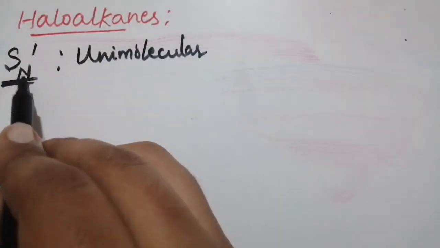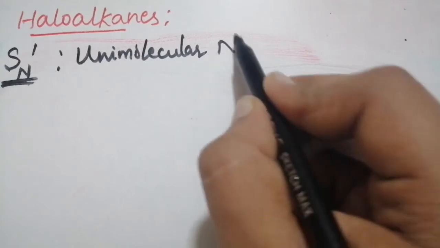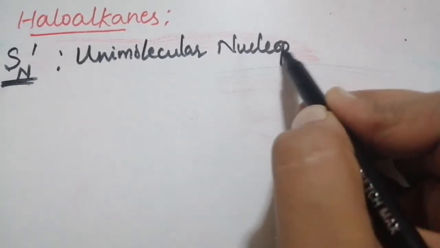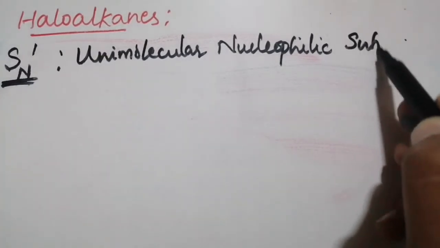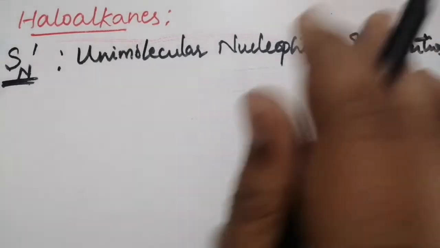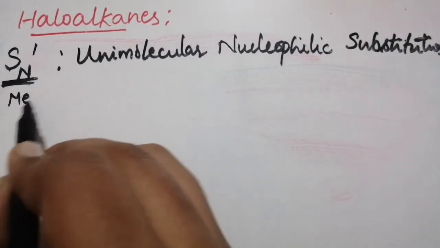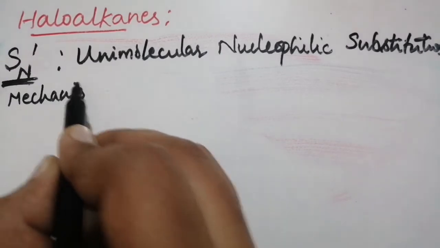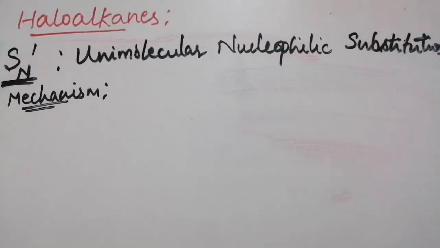N is nucleophilic, S is substitution. Unimolecular nucleophilic substitution reaction. First write down the name. What is the mechanism for this? That is the main asked question.